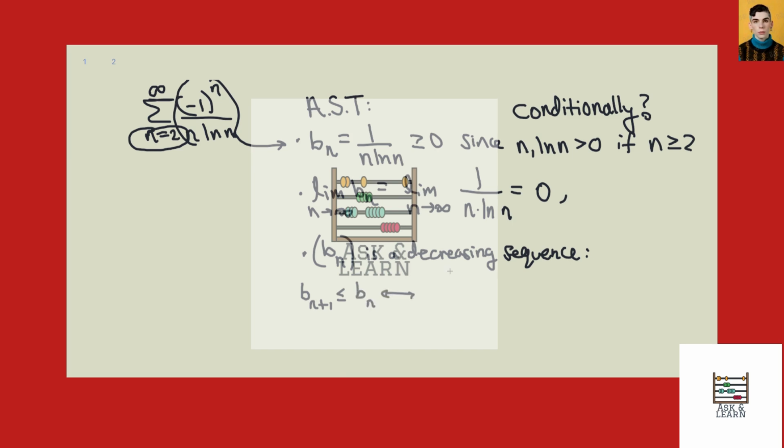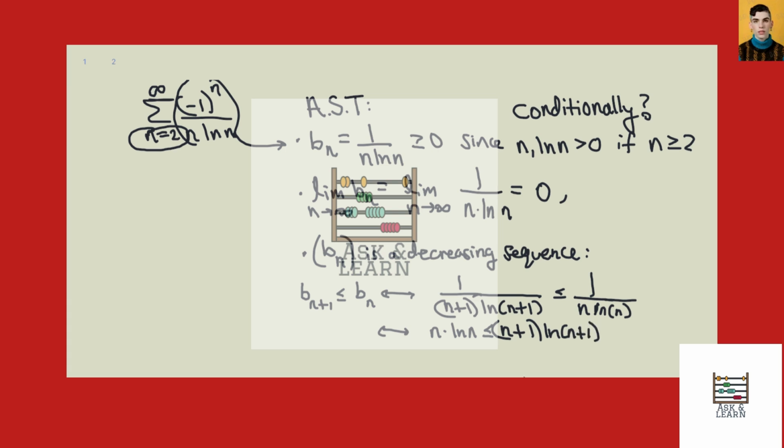In our case, this is equivalent to n natural log of n less than or equal to n plus 1 times natural log of n plus 1. And the latest inequality is true because n is less than n plus 1, and natural log of n is less than natural log of n plus 1. Now, since these are all equivalent, that means that this is true, which means that Bn is a decreasing sequence.